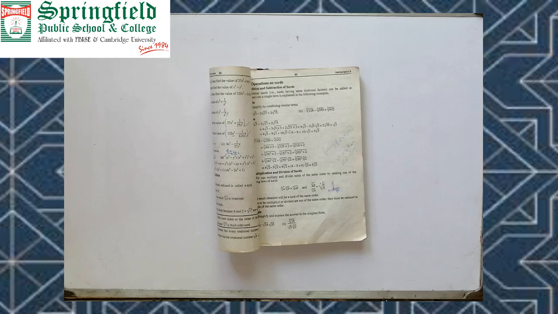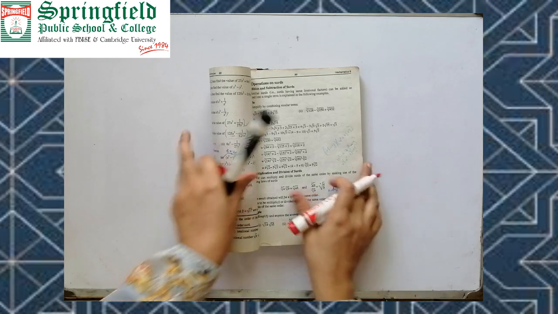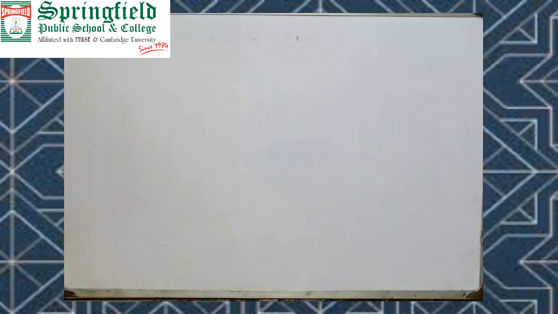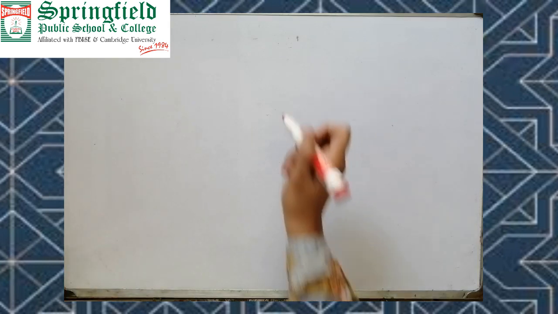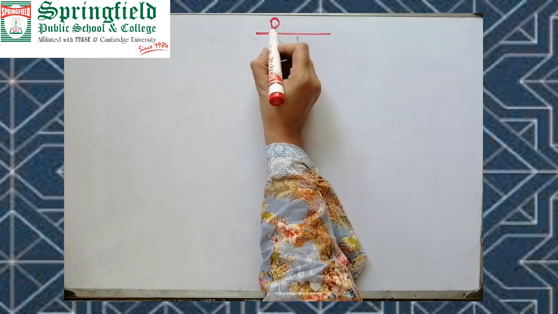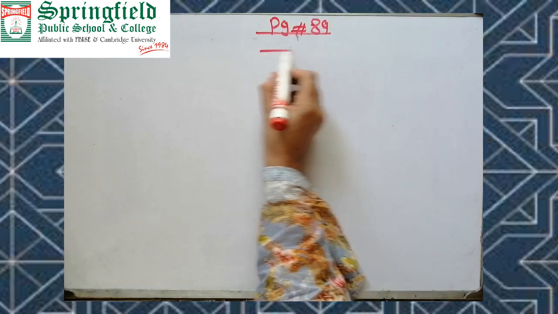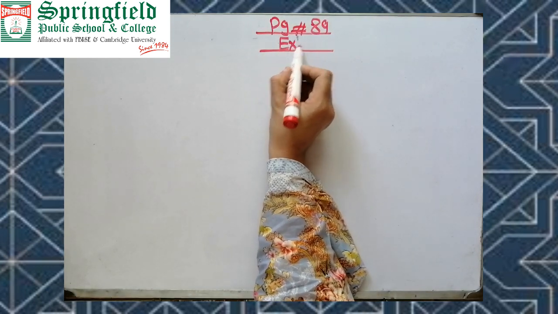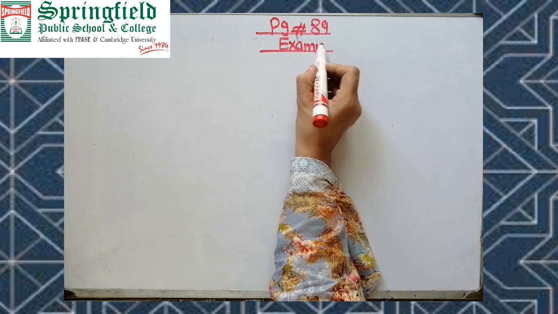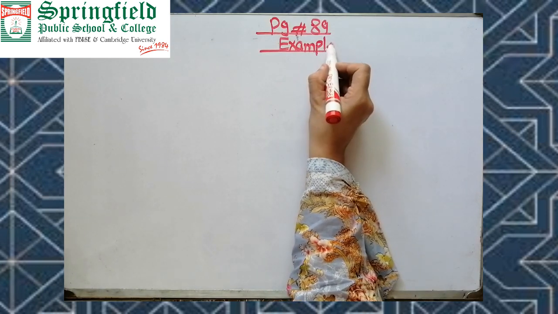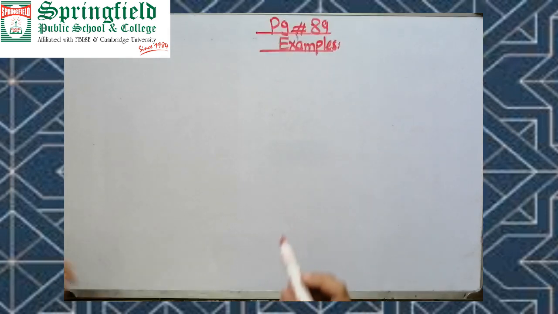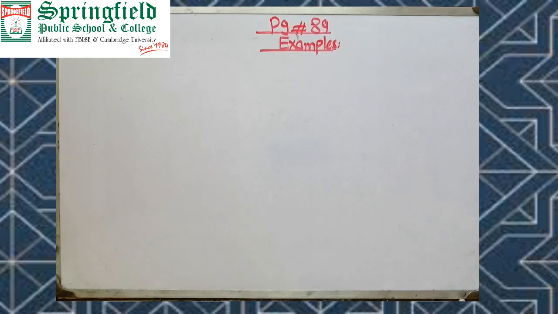Now page number 89, examples. Example 1: simplify.